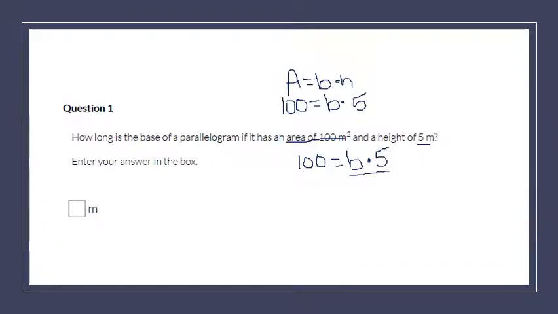Okay, so to do that, we have to divide both sides by 5. 5 divided by 5 just leaves me with 1b, and 100 divided by 5 gives me 20. So that tells me the base is 20 meters.